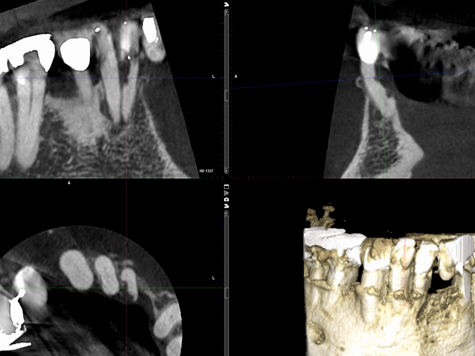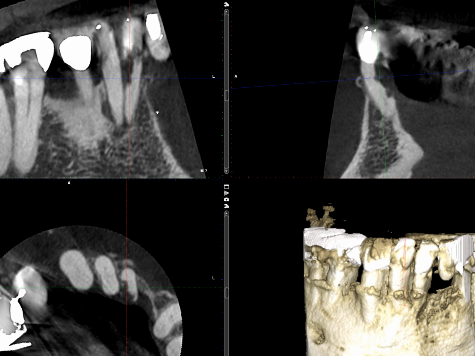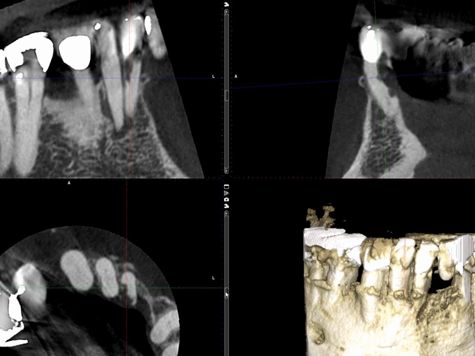What we saw was large radiolucency involving perhaps 2/3 of the root. But again, in terms of is it perforating, is the radiolucency enlargement of the pulpal chamber, or is this a resorption occurring from outside in? Those questions are difficult to answer definitively. But now with CBCT, we can much better visualize that area.